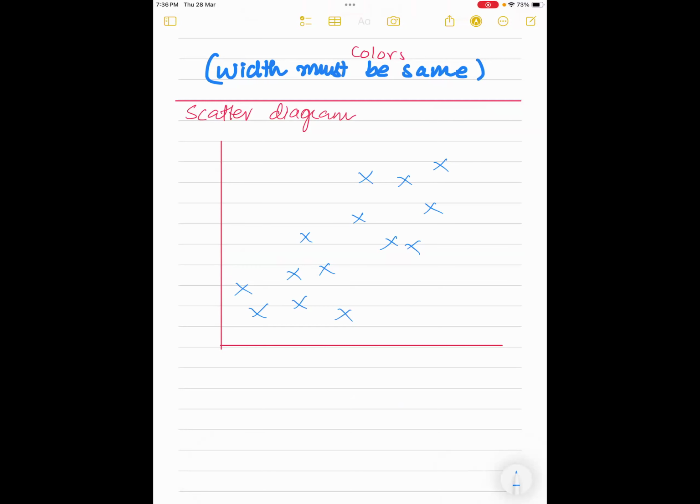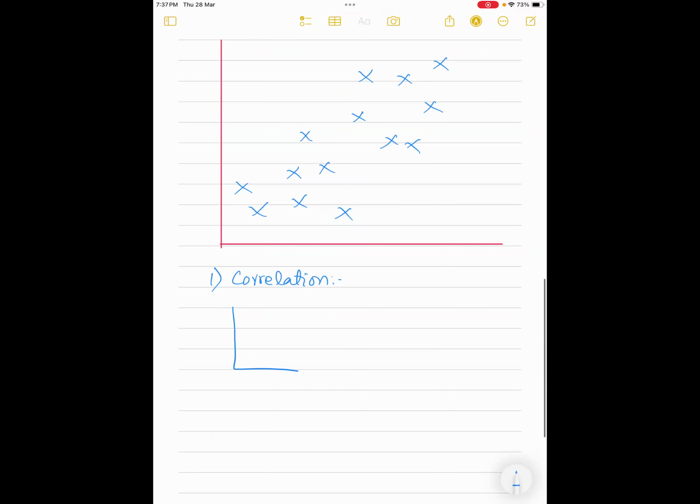And the examiner will ask two questions. What is the correlation? So remember that when your values are floating like this, it is positive correlation.